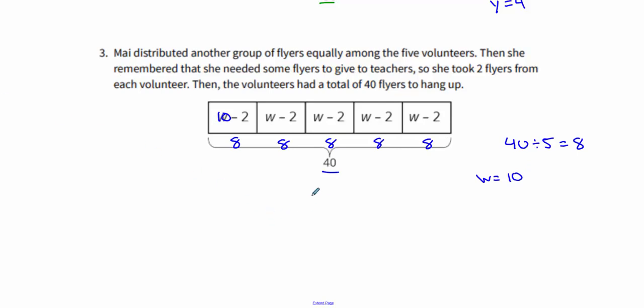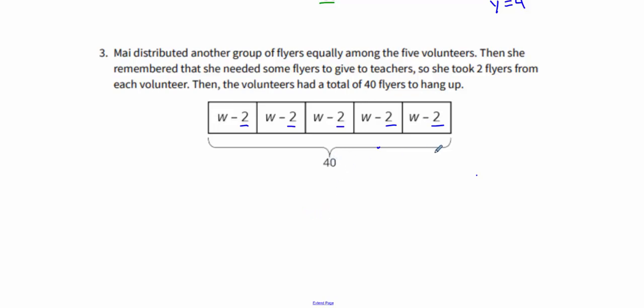So let's look at this problem a different way. Let's see if there's another way we could look at this. So if we just look at the number of flyers she took away as a total number of flyers, she took away 2, 4, 6, 8, 10 flyers away.